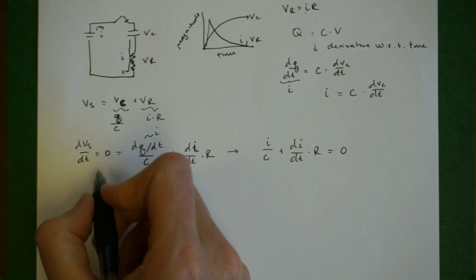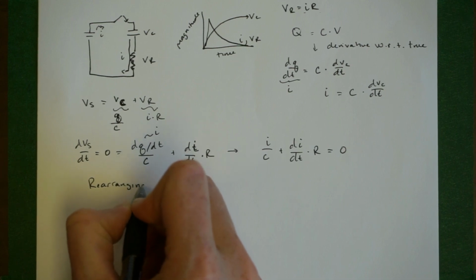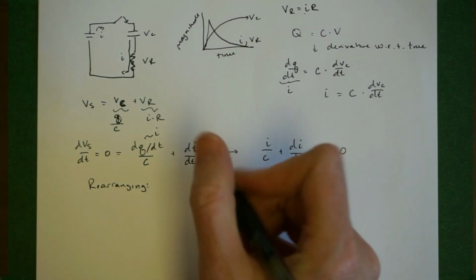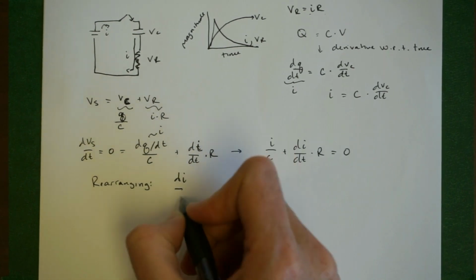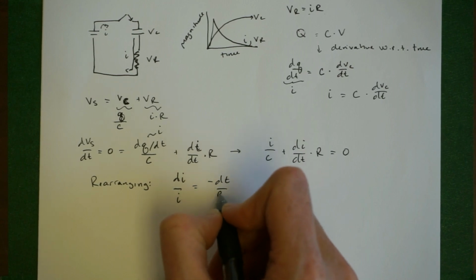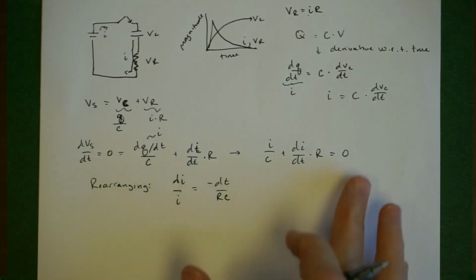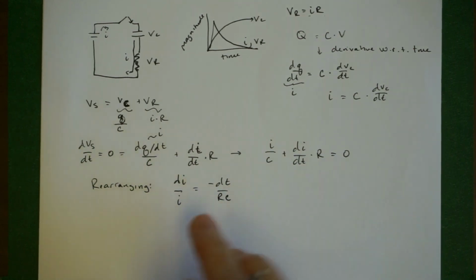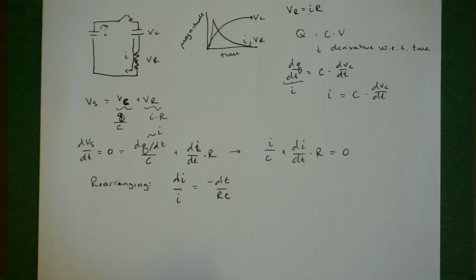So we can rearrange that to dI over I equals negative dt over RC. And you can pause the video and convince yourself that this does rearrange to that, but we'll just take that as the rearranged equation, and we will integrate both sides.